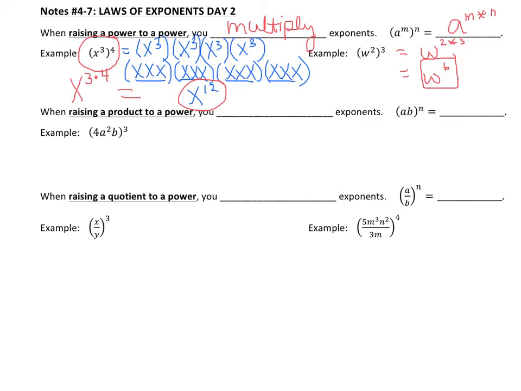Okay, now let's look at when we have a product to a power. Well, kind of the same thing's going to happen. You're going to have what's in parentheses, 4a squared b, and we're going to multiply times itself 3 times.